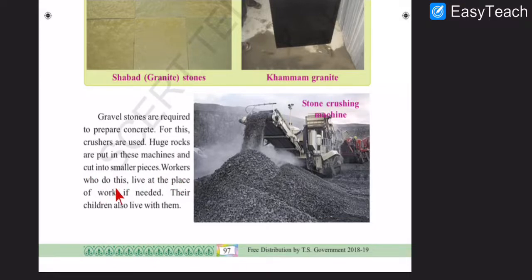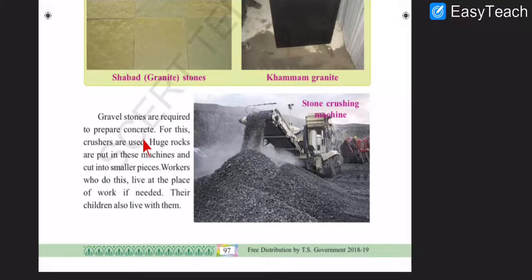Workers who do this live at the place of work if needed. Their children also live with them. So here you can see the stone crushing machine in the textbook, page number 97. So gravel stones are required to prepare concrete. What is concrete?